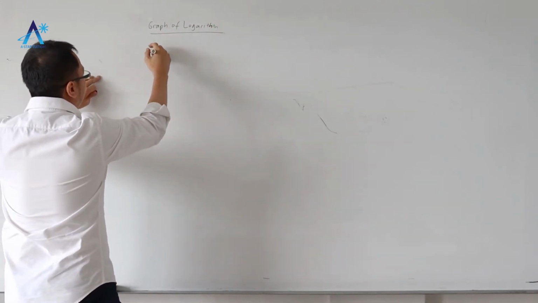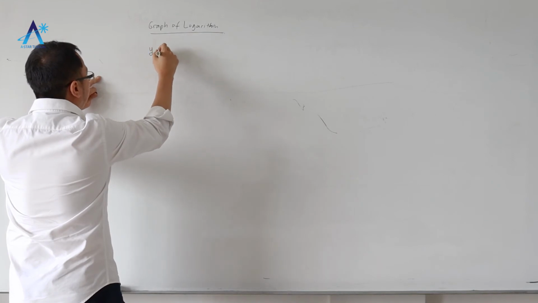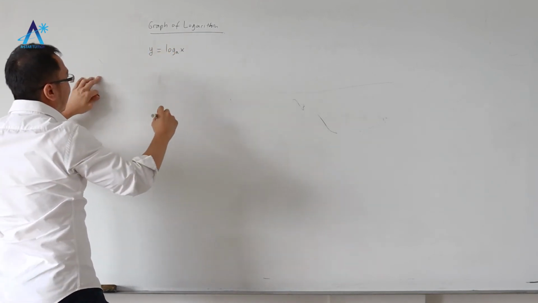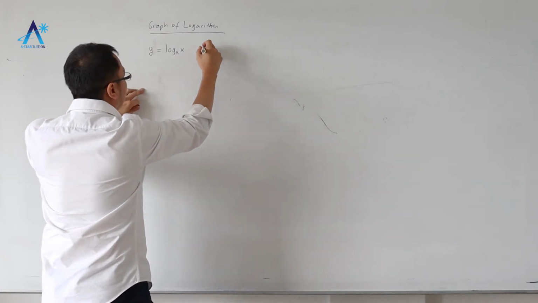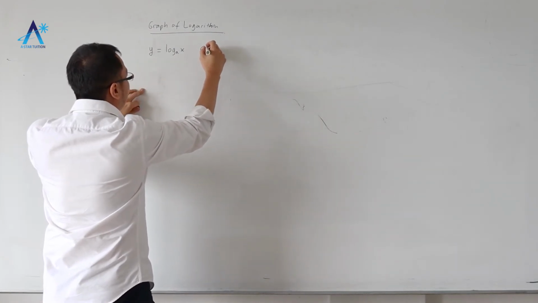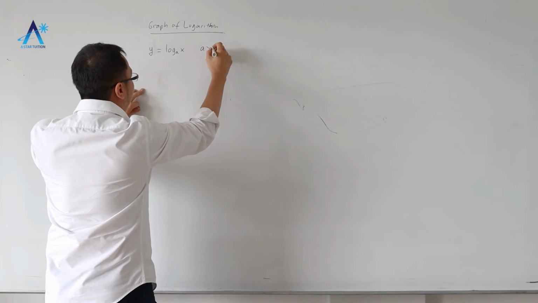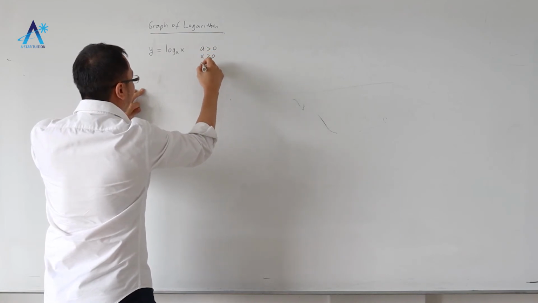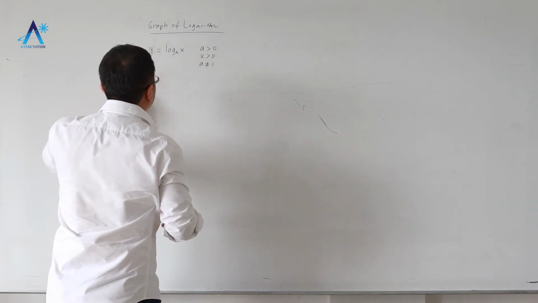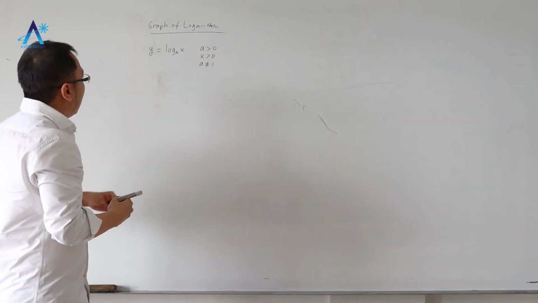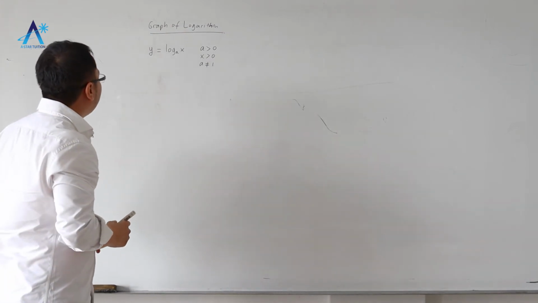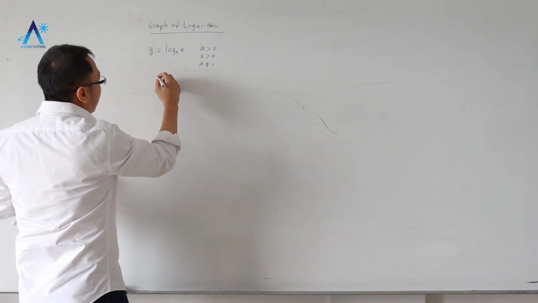The equation we are discussing here is in the form of y equals log a x. Okay, recall that there are initial constraints in which a has to be positive, x has to be positive as well, and a can't be equal to 1. Okay, log itself is a slowly increasing function. I'm going to give you the illustration.